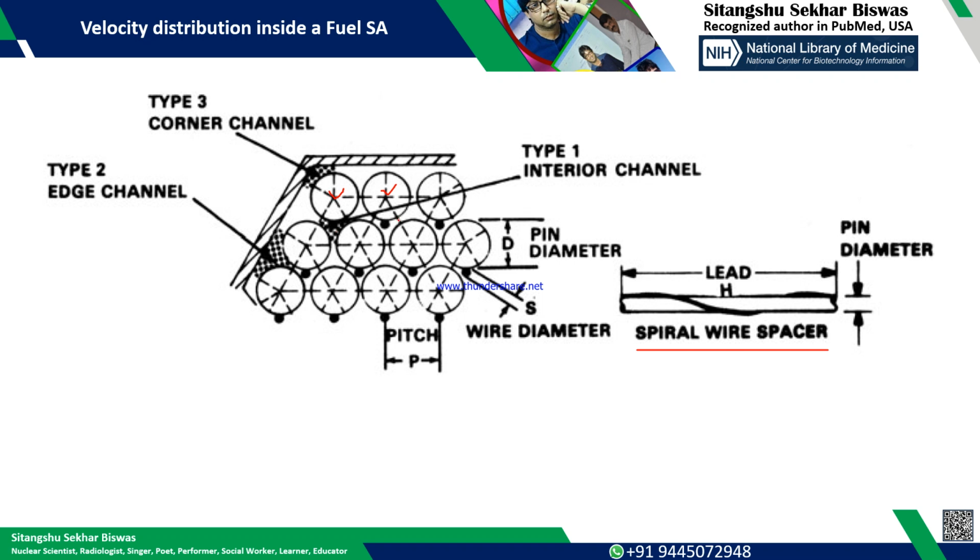One is this, the type 1 interior channel, another is type 2 edge channel, and another is type 3 corner channel. So for a hexagonal fuel subassembly, there will be three types of channels whose areas are not identical. So basically we are going to estimate that.